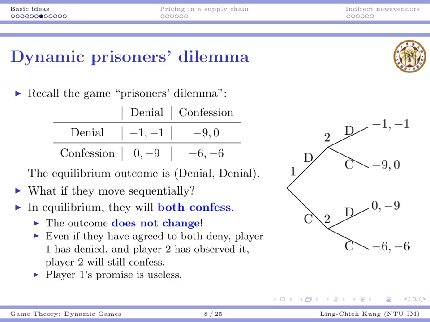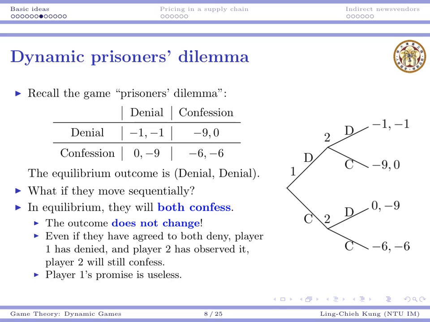Somehow you get a feeling. If there are multiple players, moving one by one, we start from the last player's strategy and then move backwards to the first mover's decision. That's true in general. In the next video, we're going to give that idea in a more concrete format.